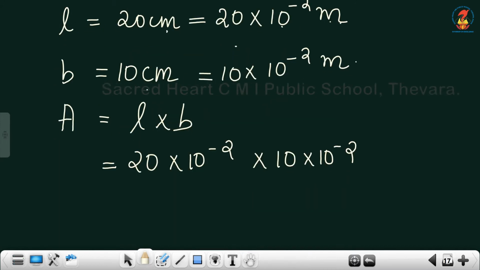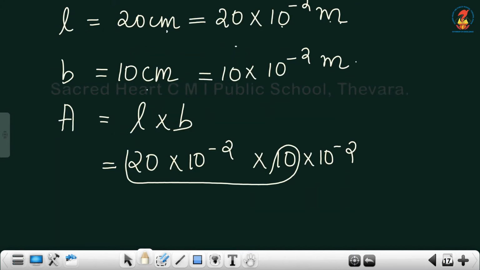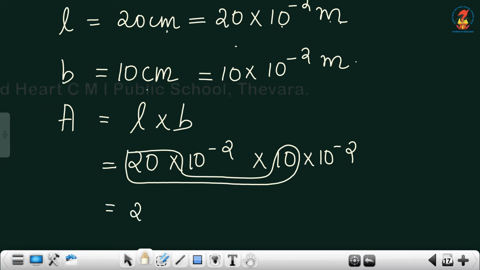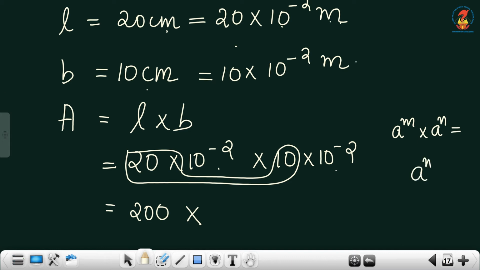Now, what is 20 into 10? It is 200 into 10 raised to minus 2 into 10 raised to minus 2. According to the law of exponents, a raised to m into a raised to n is a raised to m plus n.